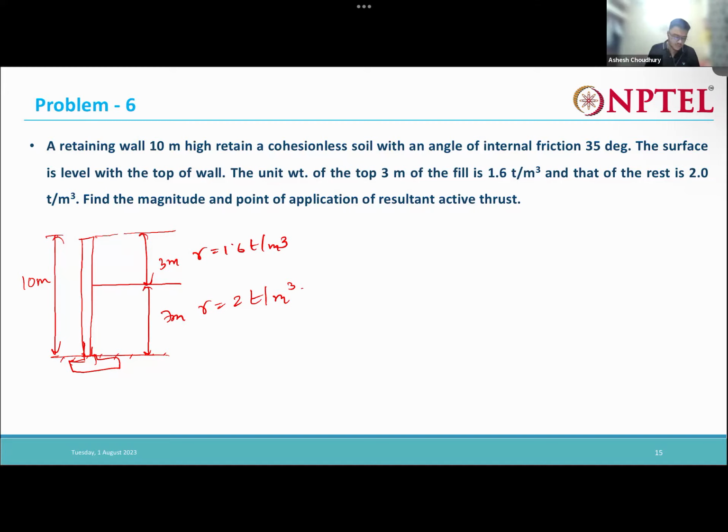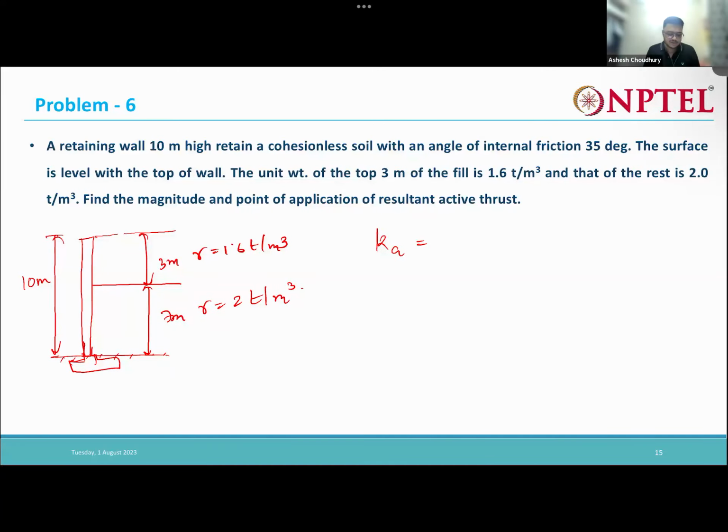Okay. So, can you please tell me what is the expression for the active earth pressure coefficient?